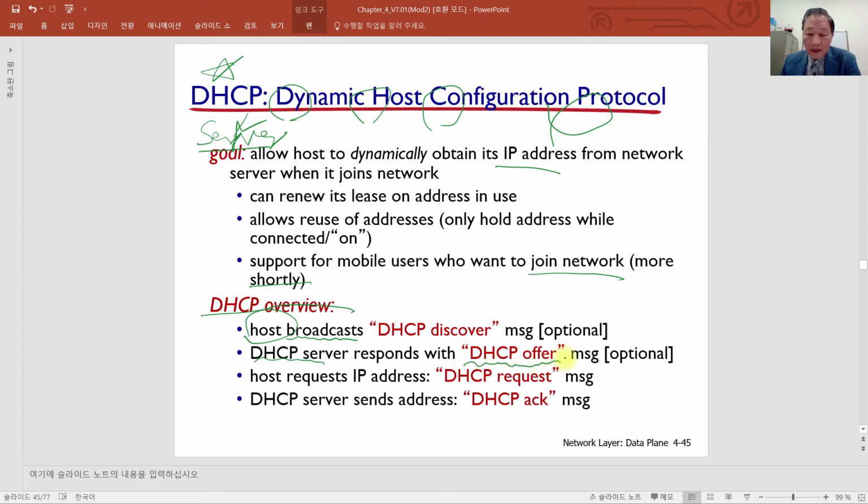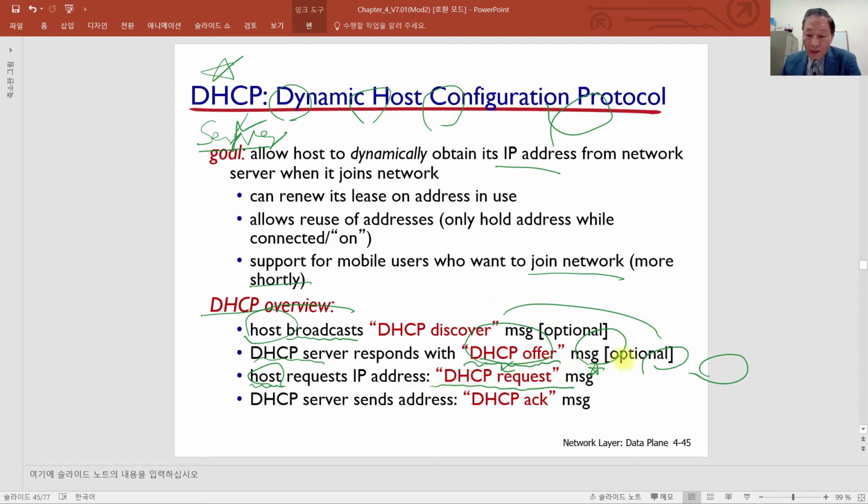This one is offering. This is the DHCP offer message, and your notebook or host computer requests an IP address with a DHCP request message. This offer may be offered by many DHCP servers, and our notebook is selecting one of them if there are many offered IP addresses.